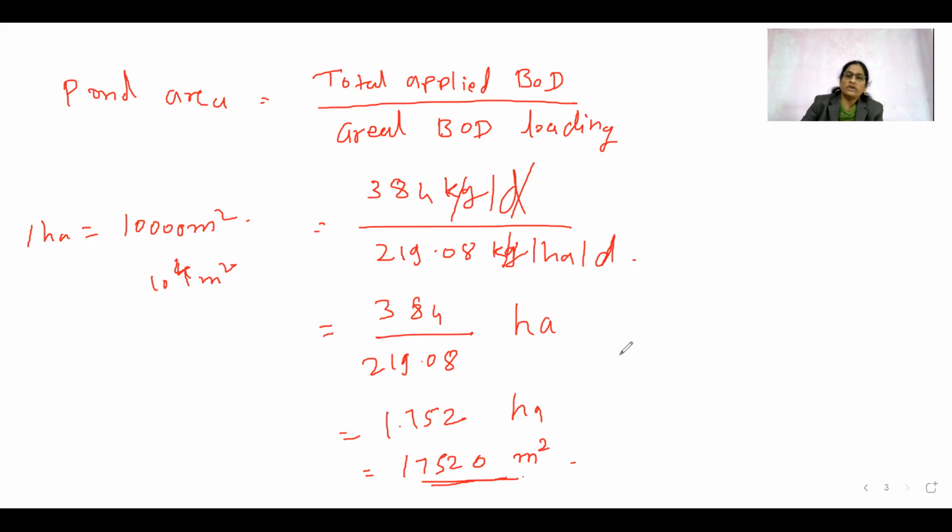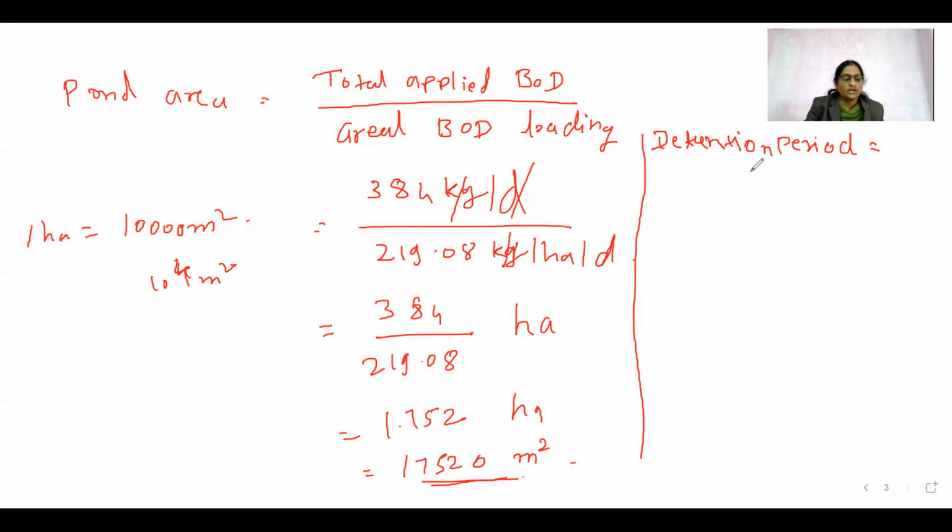Okay. So this way we have calculated the pond area. Now, what is the next step? If you have determined the pond area, the next step is to determine the detention time. How much time the wastewater needs to remain in that particular waste stabilization pond is known as the detention period, or we can say retention period.